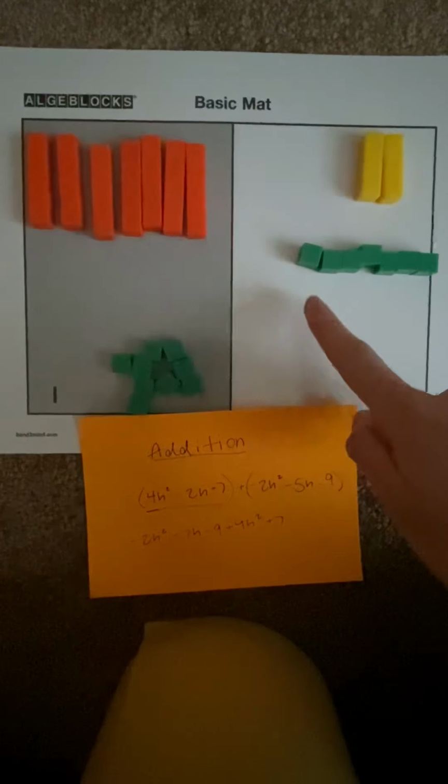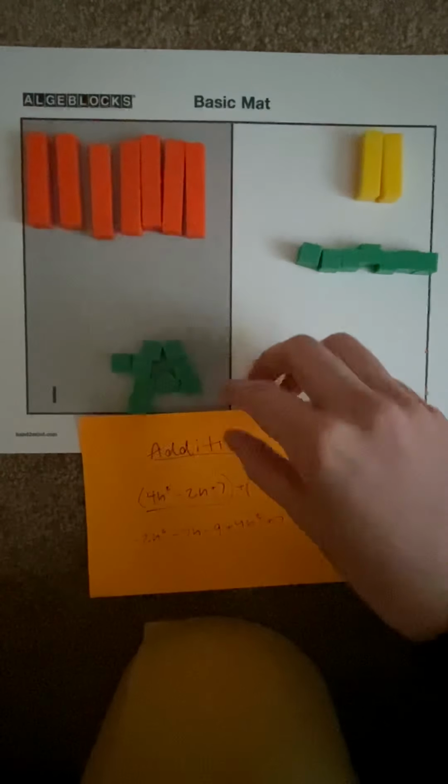But we can cancel out and make 0 pairs with the little green blocks.